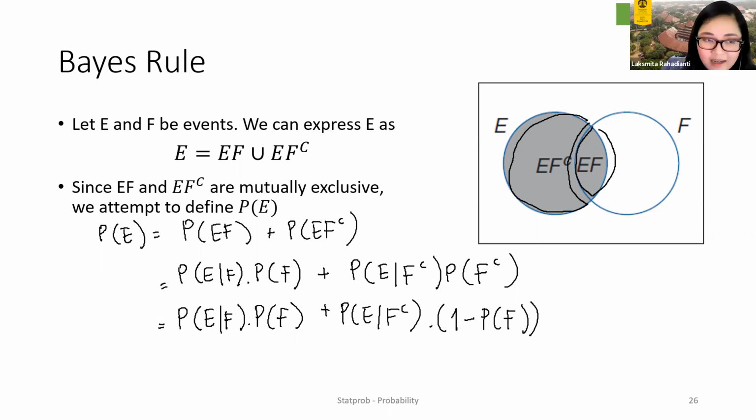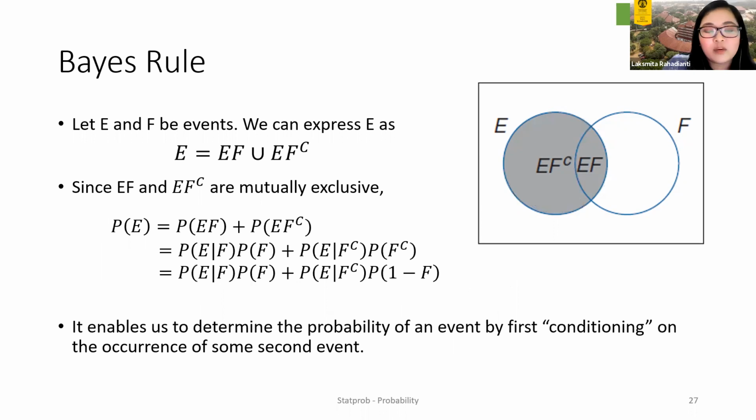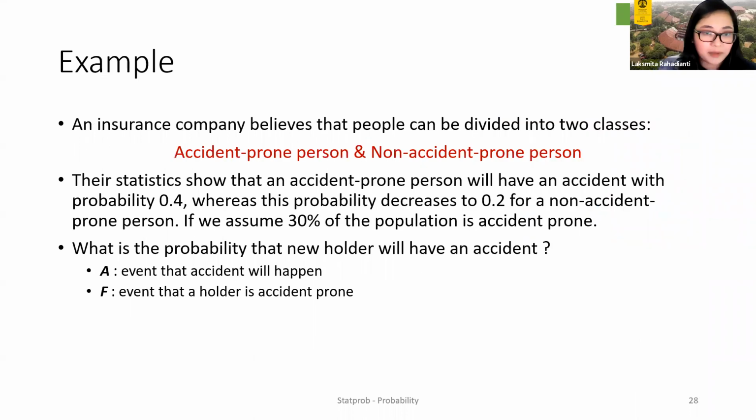So I can define E based on another event F. Here I'm defining E as to if F happens and if F does not happen. So in that case, we can compute the total probability of a certain event, in our case E, by conditioning on a second event, which in this case is F. I'm going to try to illustrate that better in an example.